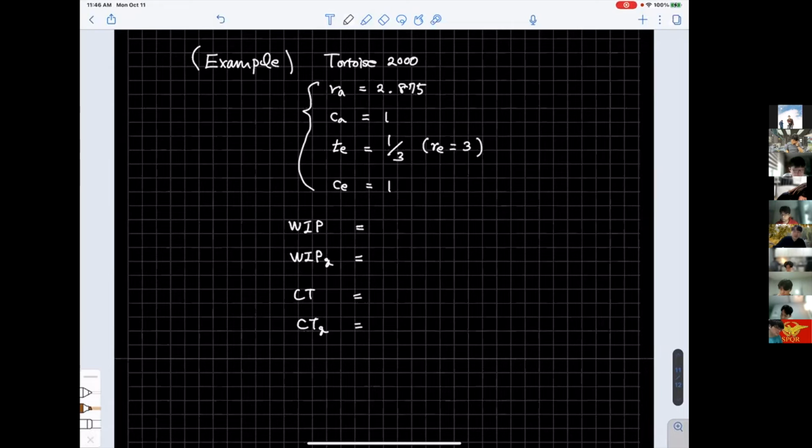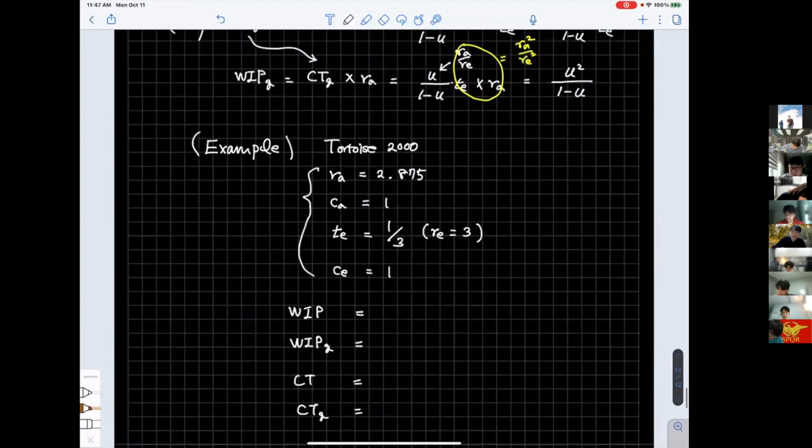The first, that important, what is the first number? How about the number of WIP? What's your result? Please type in the chatting window. What is WIP? It's a very simple calculation.